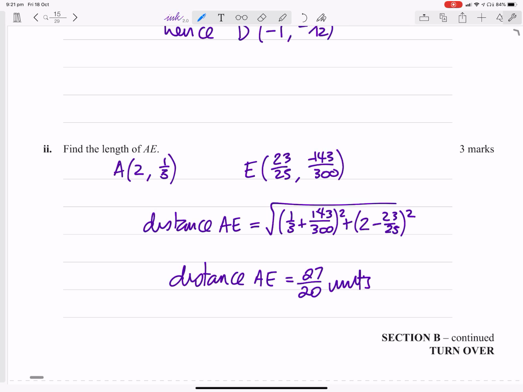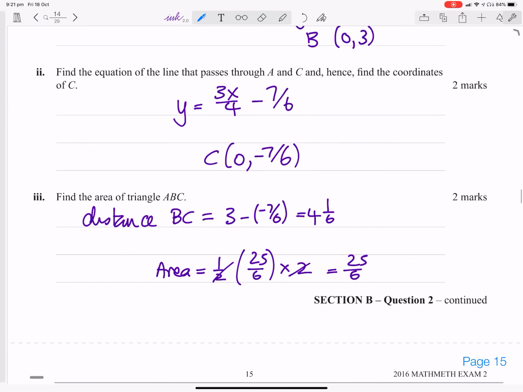So hopefully I haven't stuffed that up. So let's check it again.